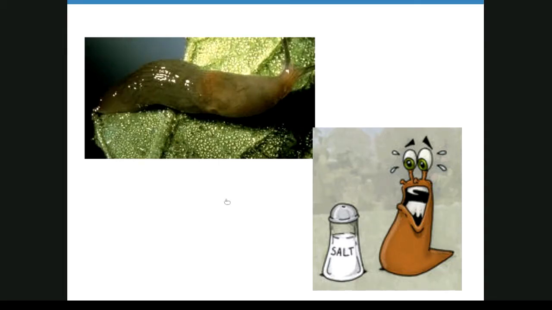I will add, there is such a thing as death. Okay, the reason that does that is because the salt collects on this mucous membrane of the slug, and since he's not waterproof, it forms a hypertonic solution that draws fluid out of the slug, and it kills him.